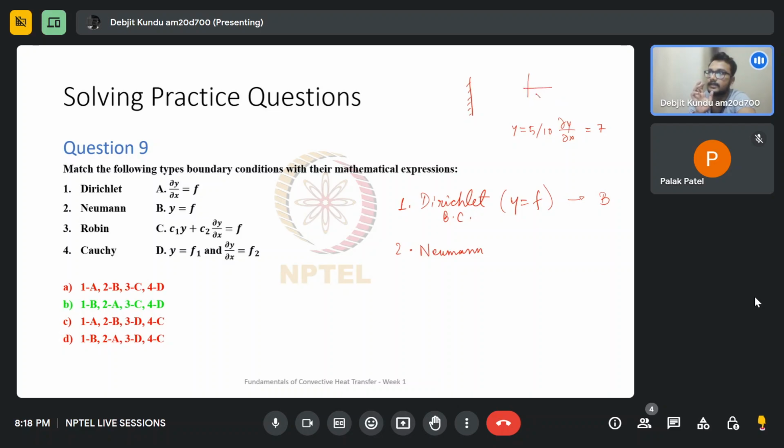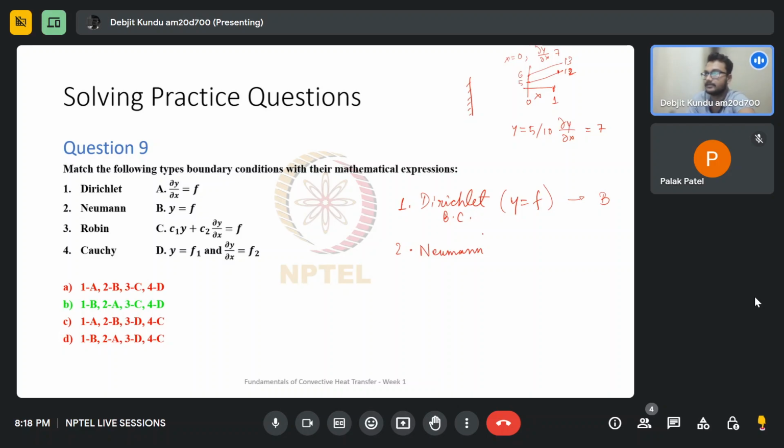So let's say x goes from 0 to 1 over here, and at x equal to 0 I'm telling that the ∂y/∂x would be equal to 7. So if y is 5 over here at x equal to 0, so at x equal to 1 it would be 5 plus 7, सॉरी 12 होगा. अगर 5 के जगह यहाँ पे 6 है तो ये ग्रेडियंट सेम होगा, at x equal to 1, the value would be 13.